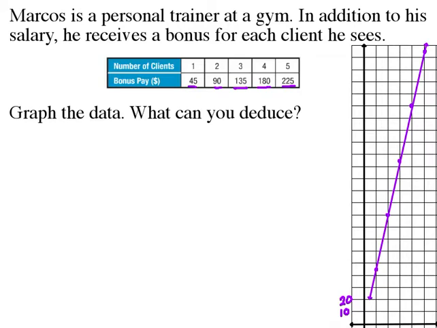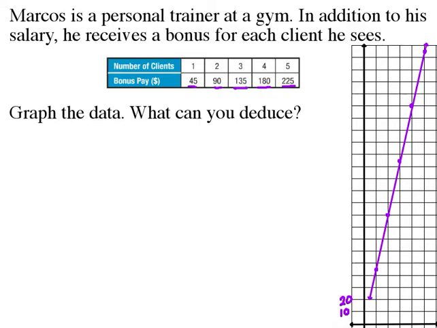What are some observations that you can make? It increases by 45. It increases by 45, so basically, each additional client brings him in how much more money? $45.